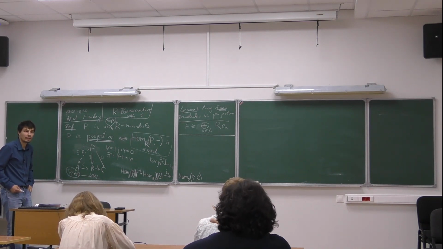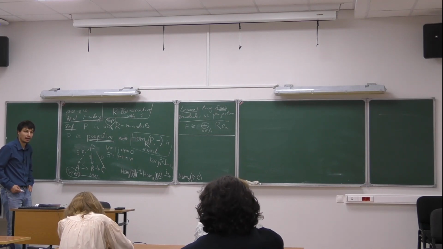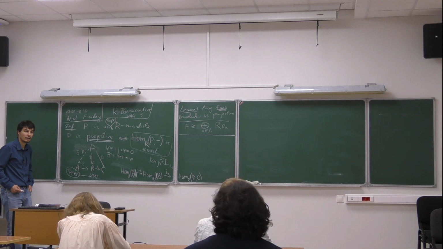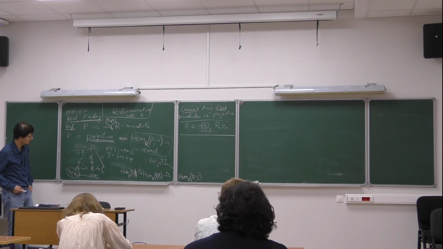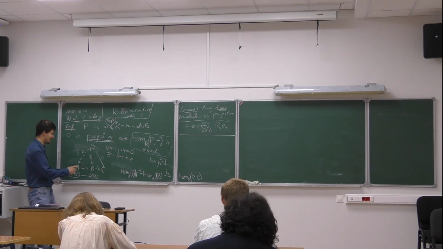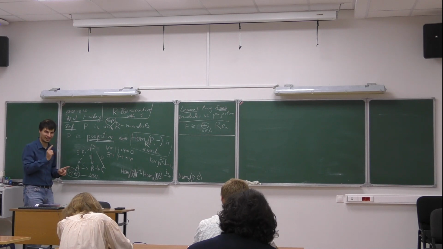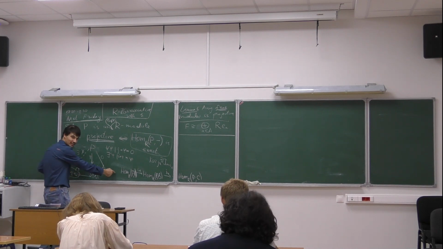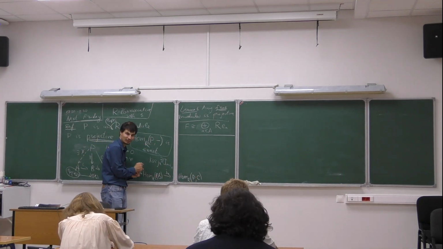I mean, after applying the functor to this diagram, it is exact. Yes. It is true for any module that if you have a short exact sequence, then this sequence will be exact in the middle term.